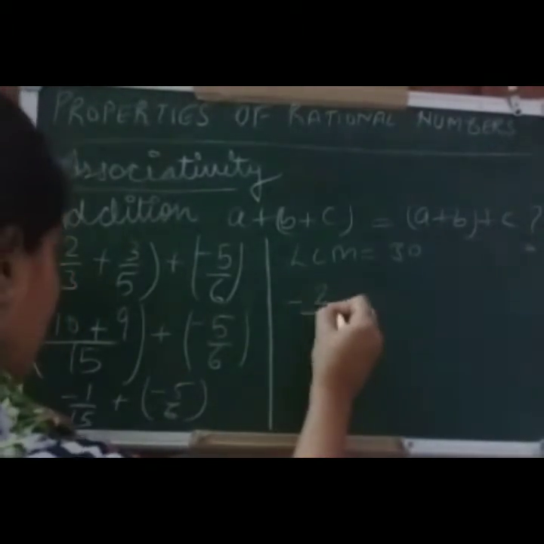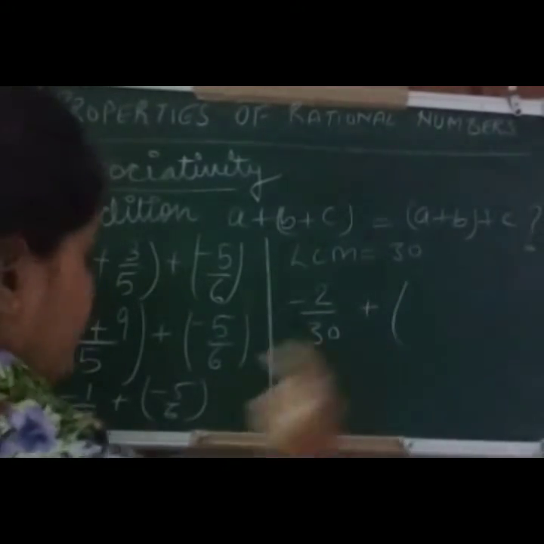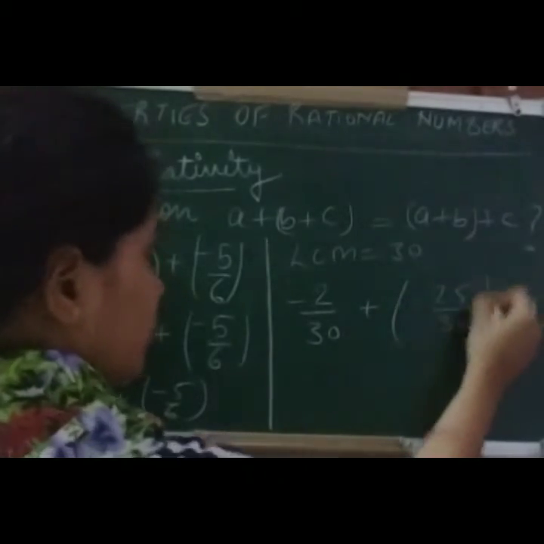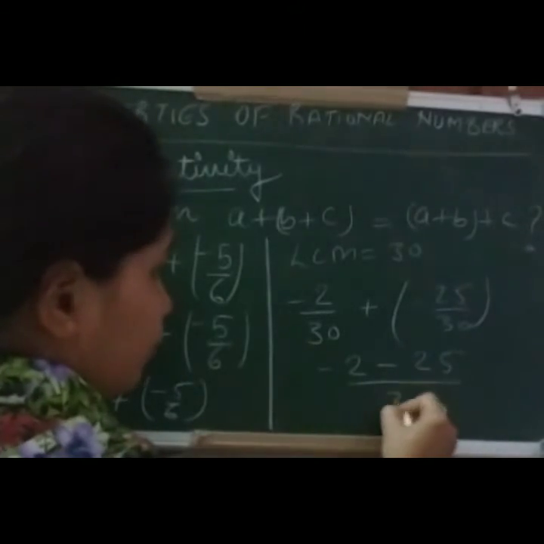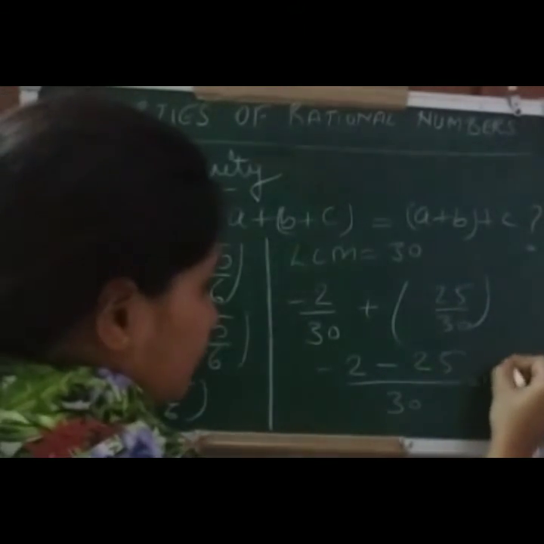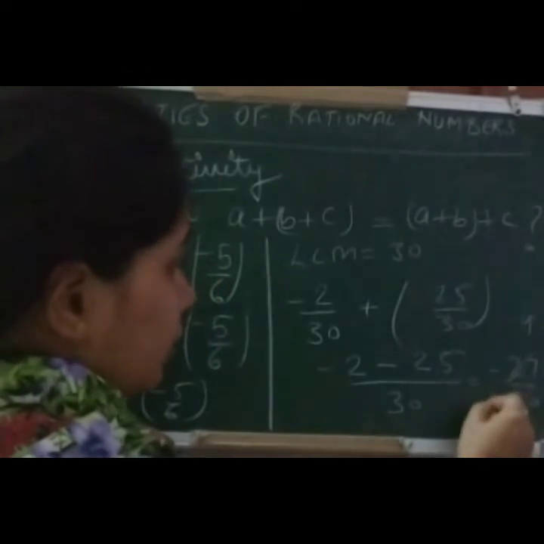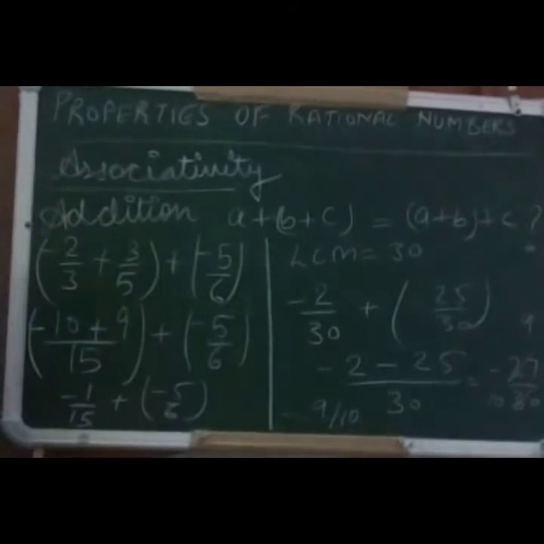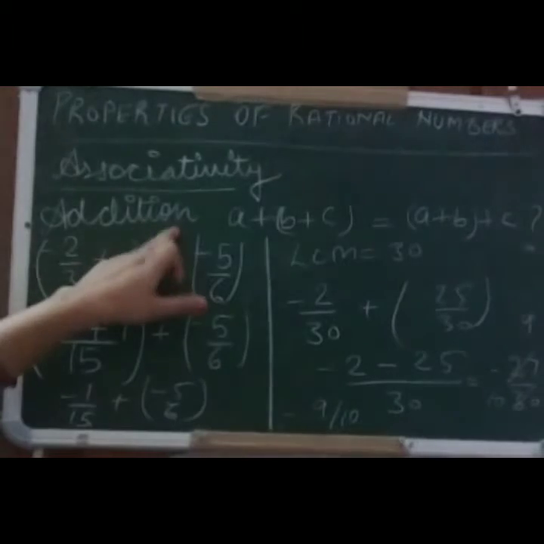So it will be minus 2 by 30 plus, 6 5s are 30, so it is minus 25 by 30. Minus 2 minus 25 by 30 is minus 27 by 30. Again 3 9s are 27, 3 10s are 30. Minus 9 by 10 is the answer. So it means that associativity holds for addition.